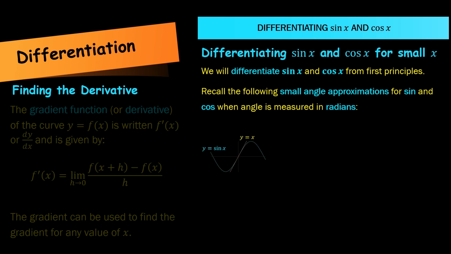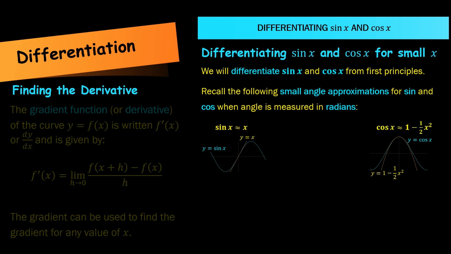Here's a graph of y equals sin x and the line y equals x superimposed upon it. As you can see, close to 0, sin x is approximately equal to x. Let's now take a look at the graph of y equals cos x and the graph of y equals 1 minus a half x squared superimposed upon it.